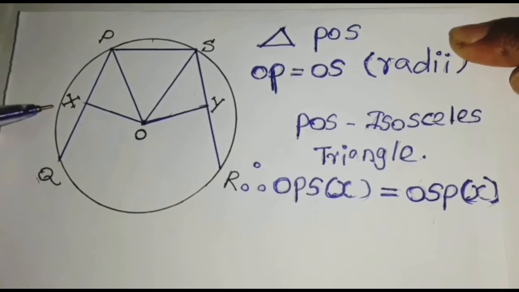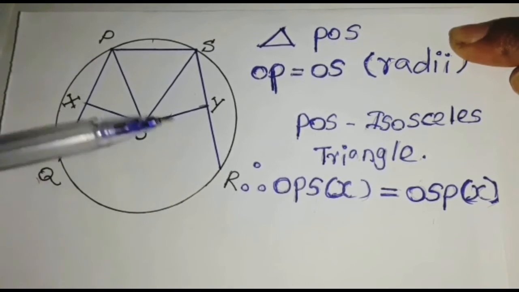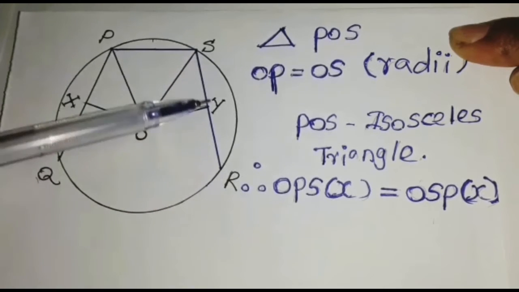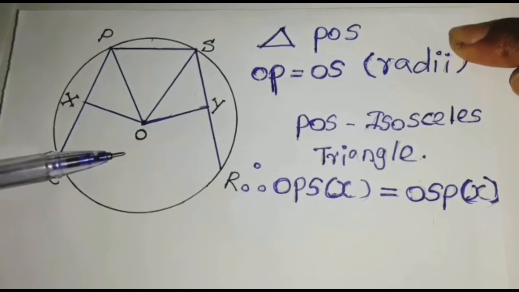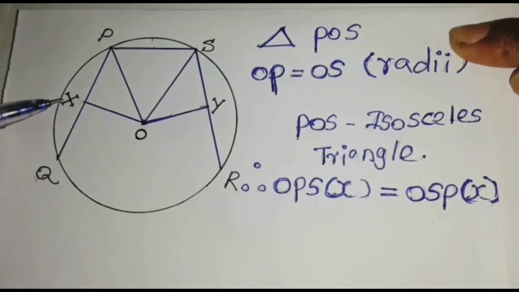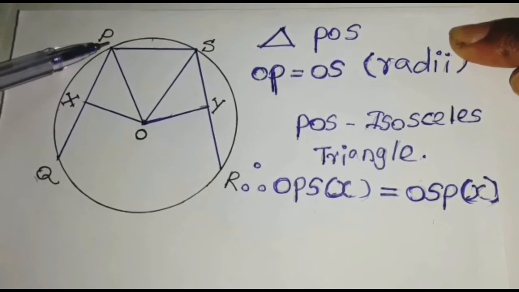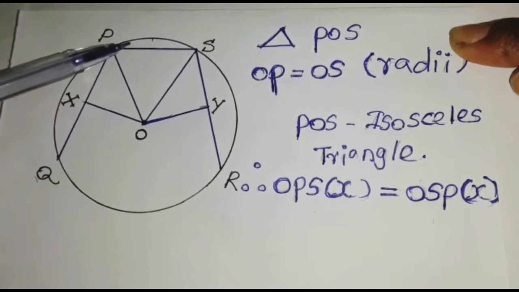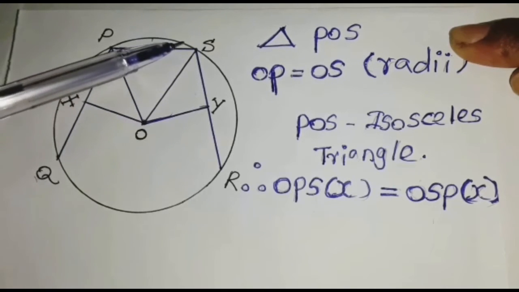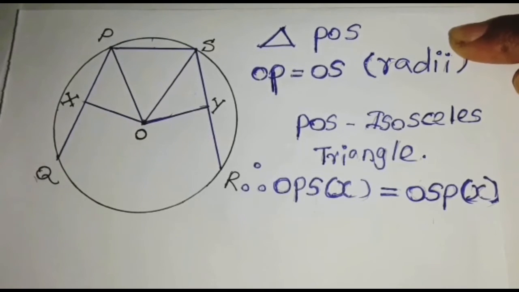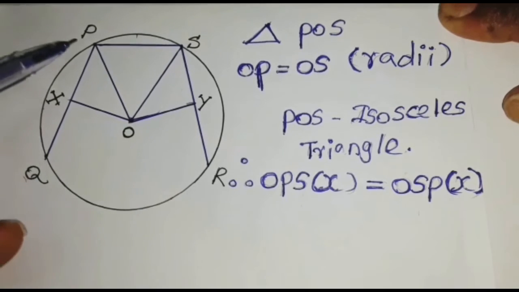Midpoint of PQ is X and midpoint of RS is Y. O is the center. So we have to show angle XPS equals angle YSP.